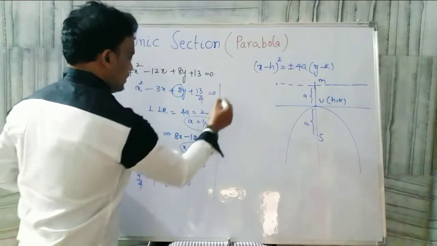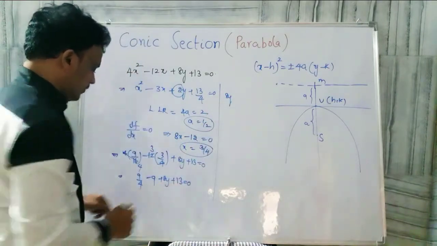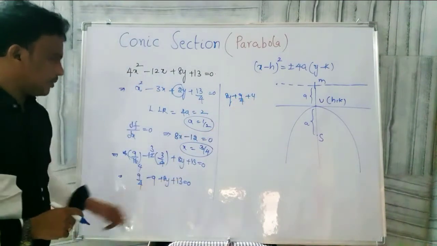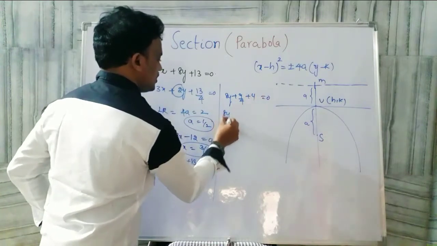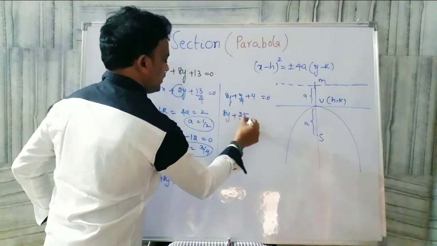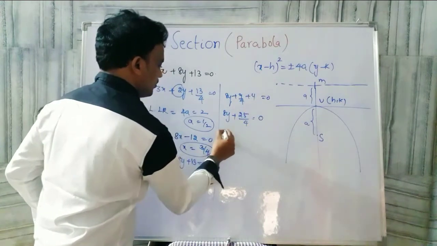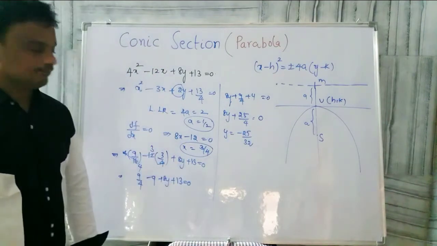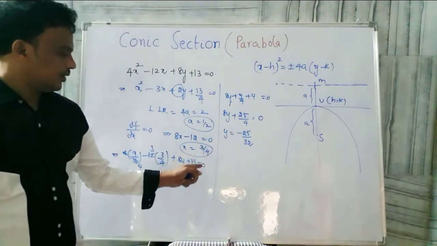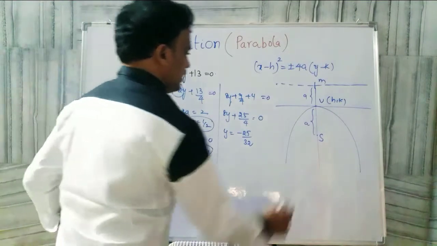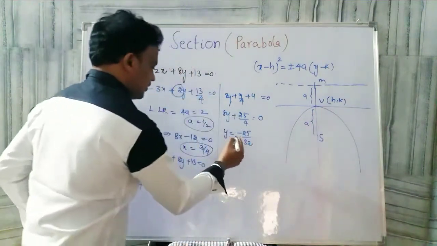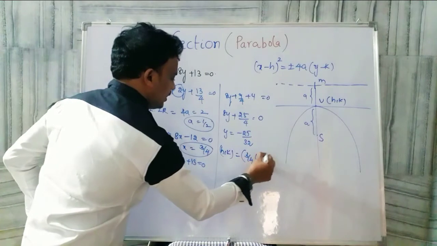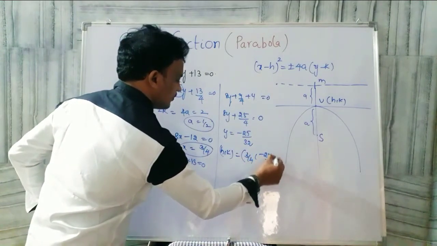So we can write 8y plus 9 by 4 plus 4 equals 0, which is 8y plus 25 by 4 equals 0. Then y equals minus 25 by 32. Here we got the values. So the vertex, which is h comma k, is 3 by 4 and minus 25 by 32.